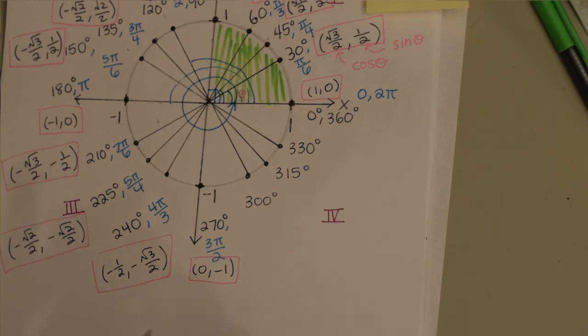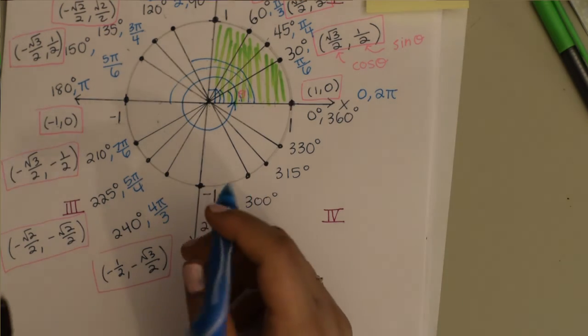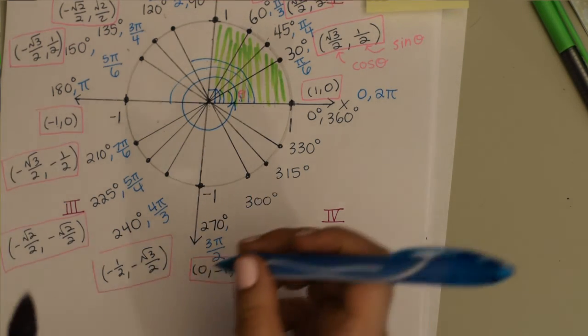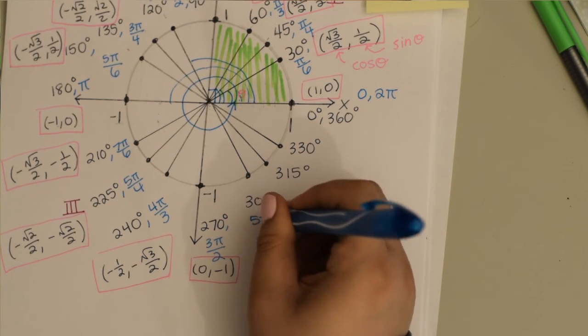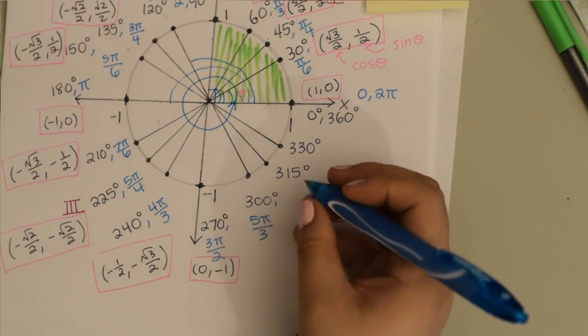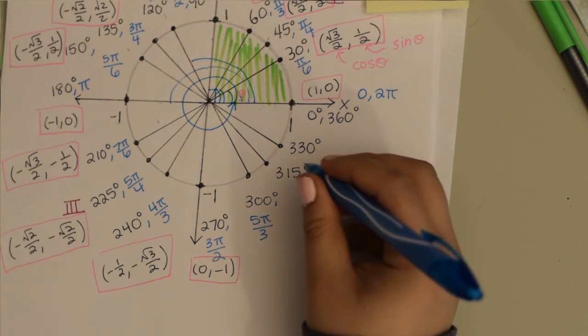And then we'll do the radians. So the radians will be 5 pi over 3 and 7 pi over 4.